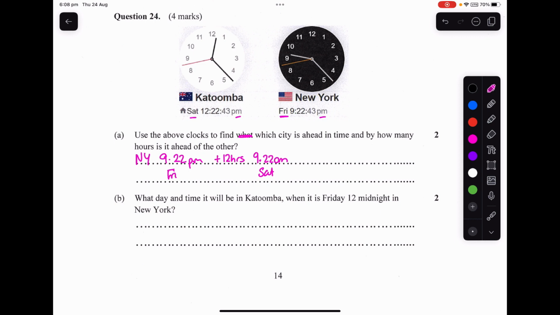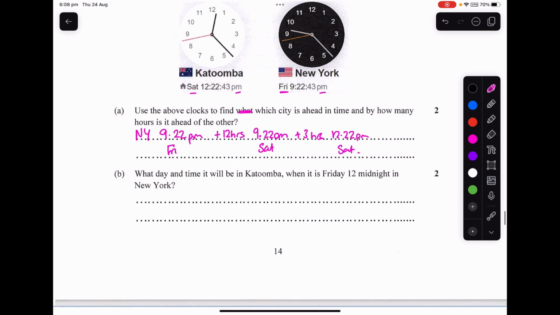And we want to get to 12:22 p.m. So 9, 10, 11, 12. So we're going to add 3 more hours. And we get to 12:22 p.m. on Saturday. So we would write our answer here that Katoomba is ahead of New York by 15 hours.